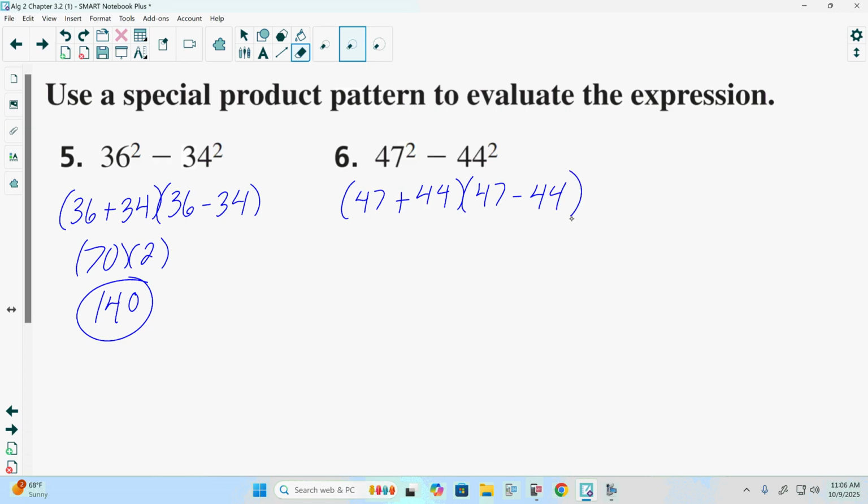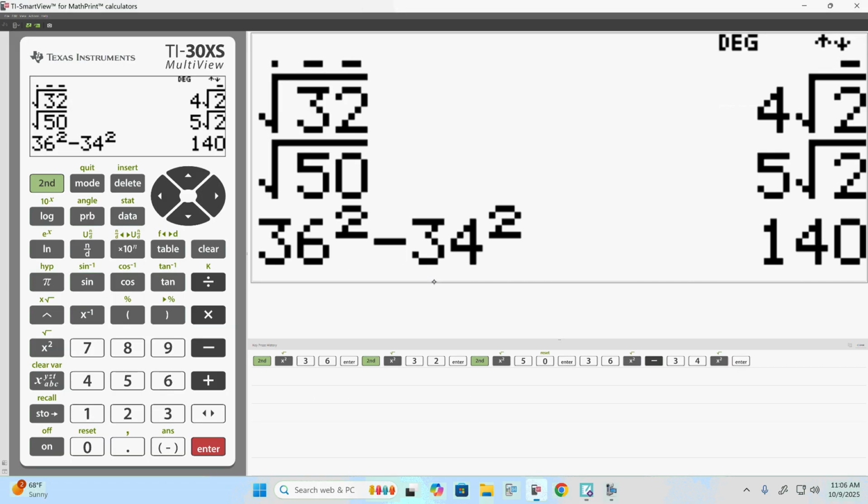Well, 47 plus 44 would be 91. 47 minus 44 is 3. That's a lot easier, a lot faster than trying to square both of them and do that there.